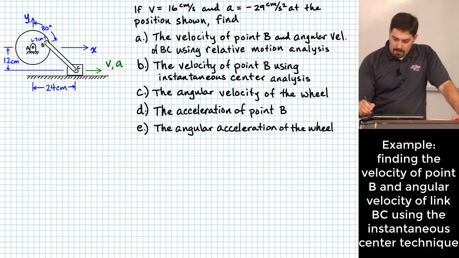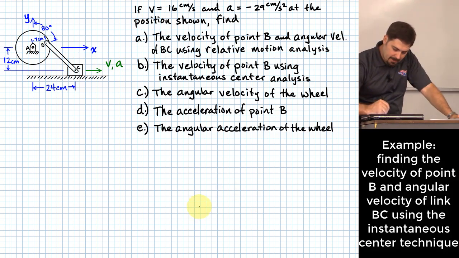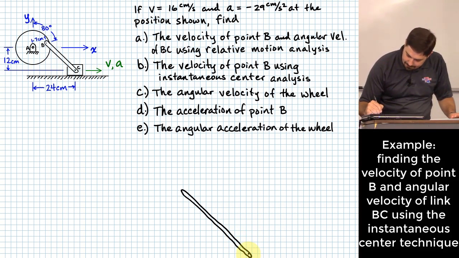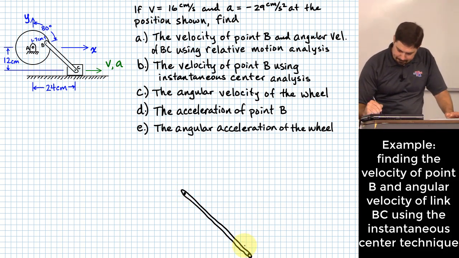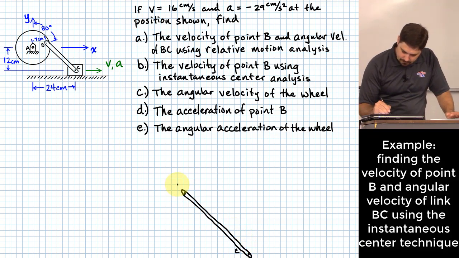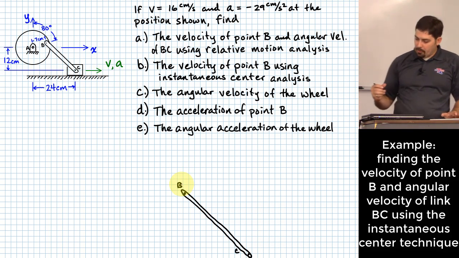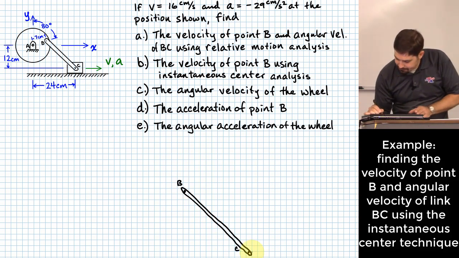Okay, so this is definitely a more graphical technique of handling the same type of thing. So I'm going to show that link again that goes from C to B. Now, we know that the direction of the velocity of point C is horizontal, so we go ahead and put that on there.